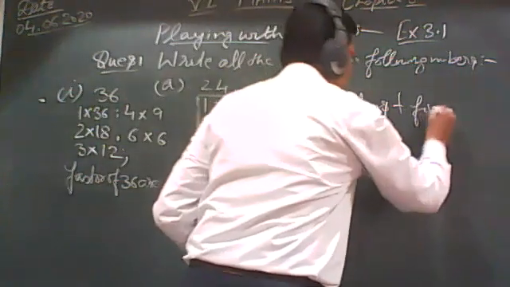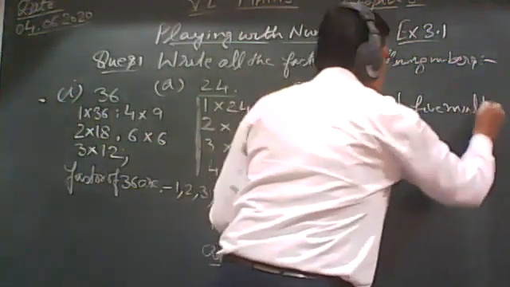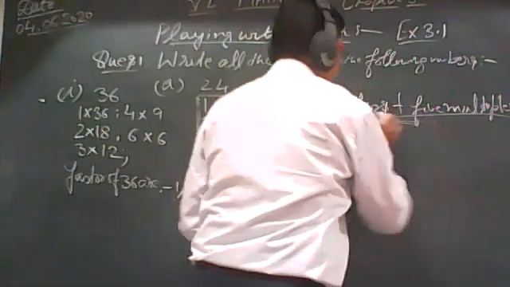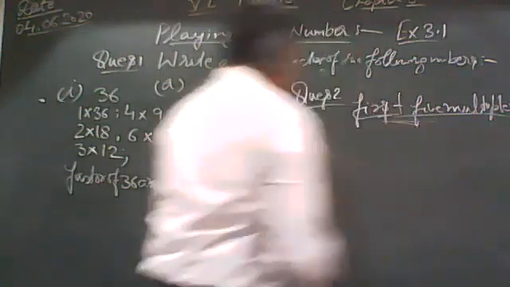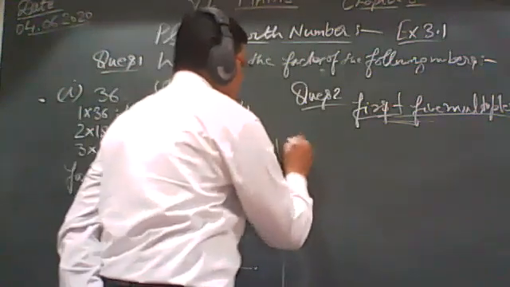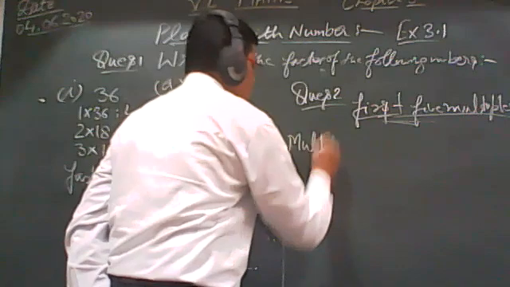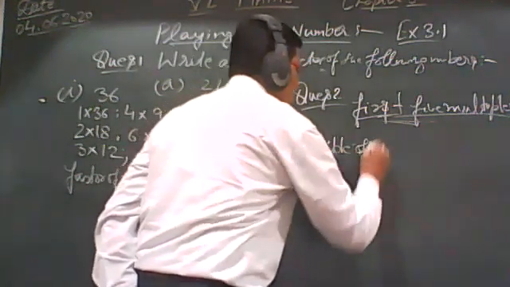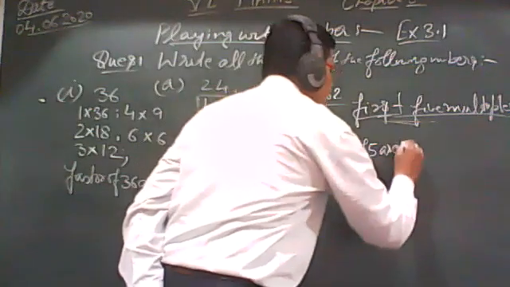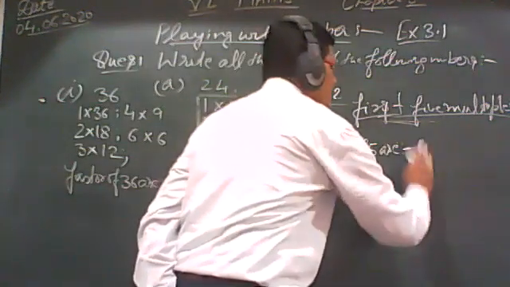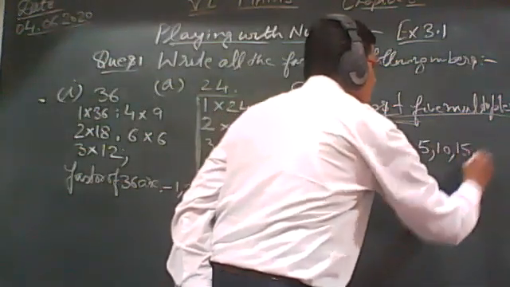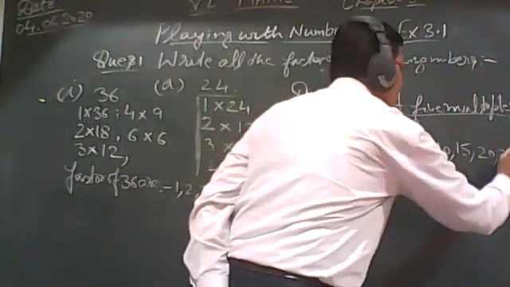The question is first 5 multiples, and multiples are infinite, therefore in the question only the first 5 are given. Multiples of 5 are, we write 5 1s are 5, 5 2s are 10, 5 3s are 15, 5 4s are 20, 5 5s are 25.